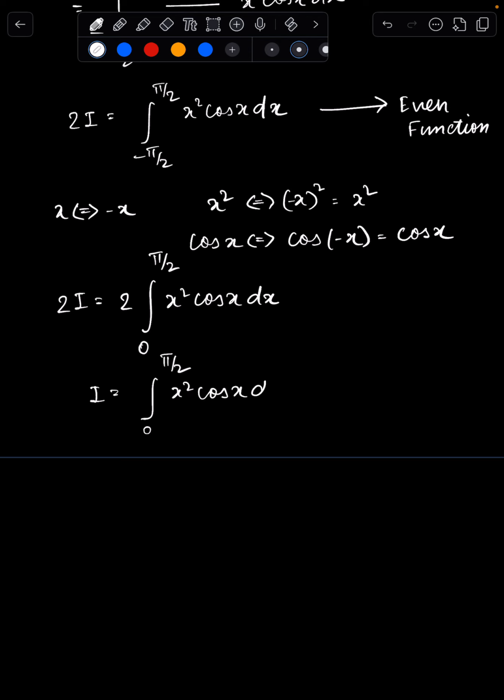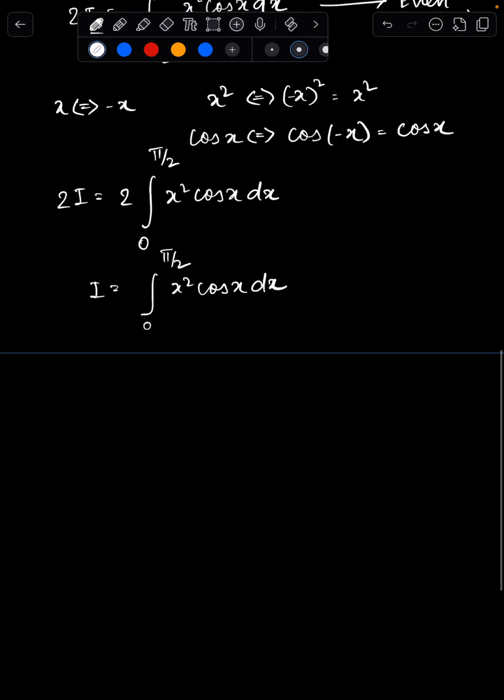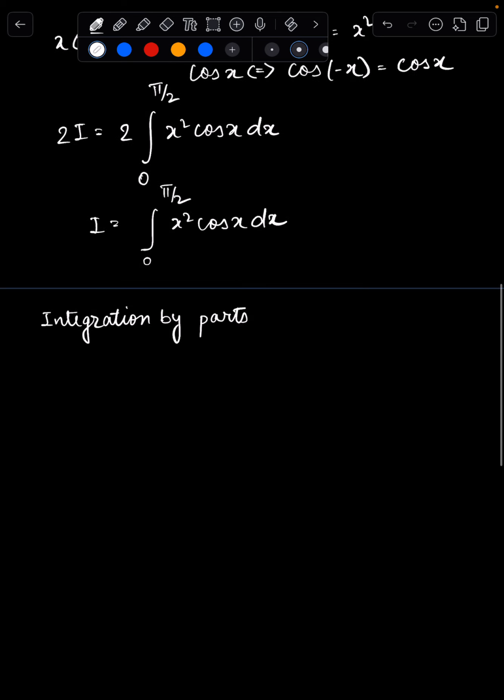Now there is a straightforward approach to this, and we have to use integration by parts. So those of you who are not familiar with the formula, it is something like integral of u dv is equal to u v minus integral of v du.